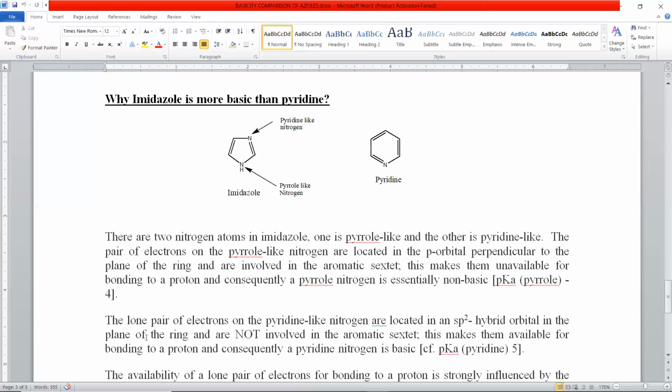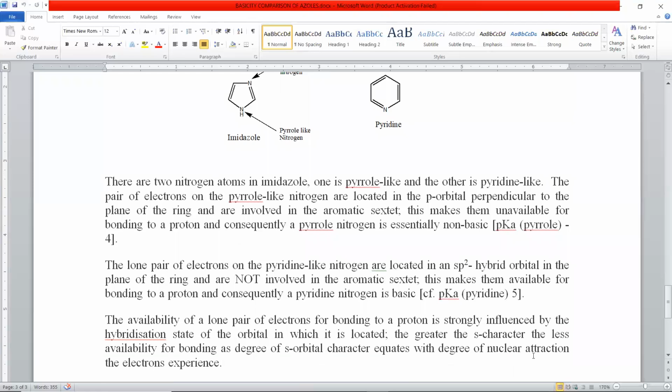They are in the plane of the ring and not involved in the aromatic sextet. This makes them available for bonding to a proton, and hence pyridine-like nitrogen is more basic. So its pKa is 5. Therefore, pyridine-like nitrogen is more basic and pyrrole-like nitrogen is less basic or essentially non-basic.